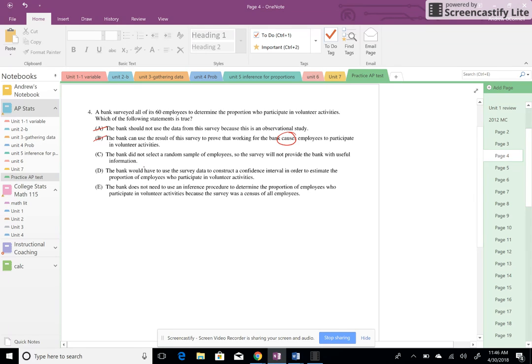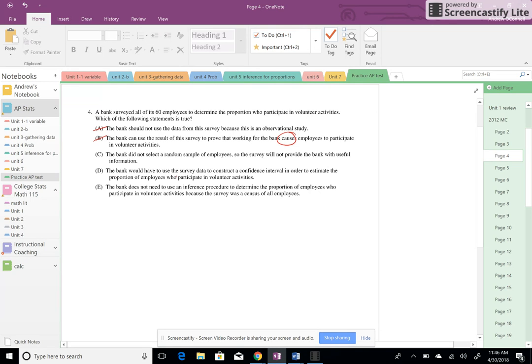The bank did not select a random sample of employees, so the survey will not provide the bank with useful information. I would also eliminate this one. It didn't select random employees, but you could still have useful information from this.